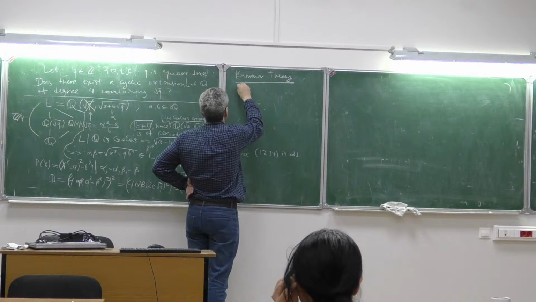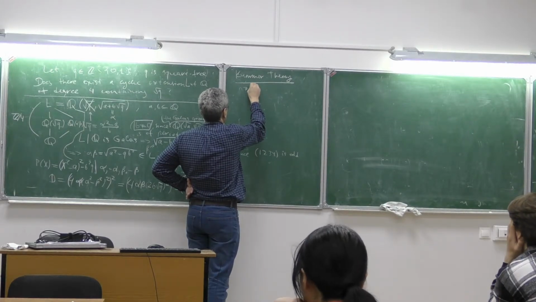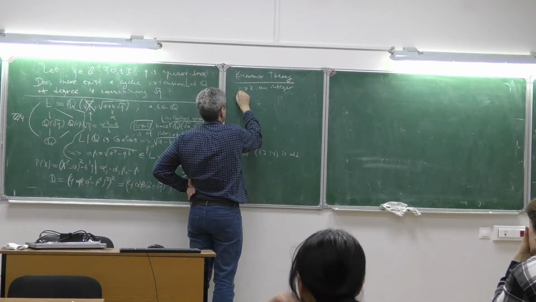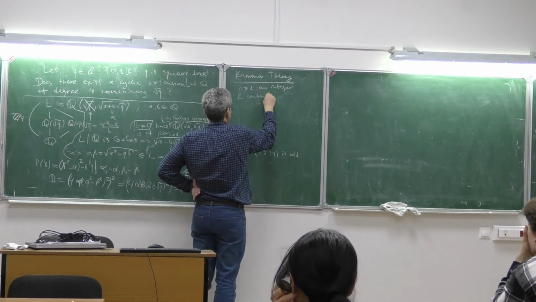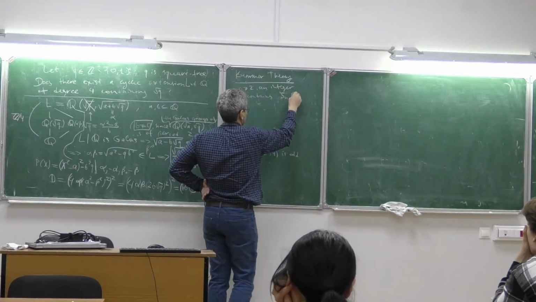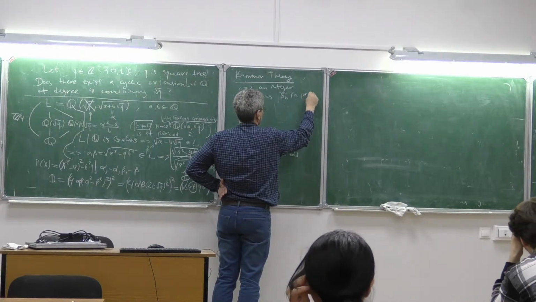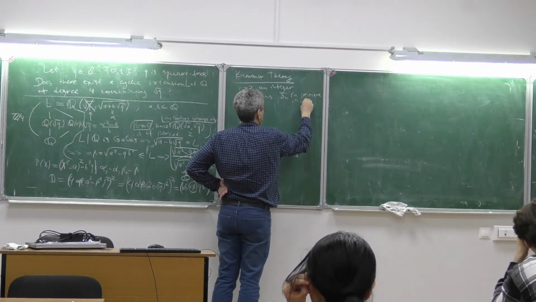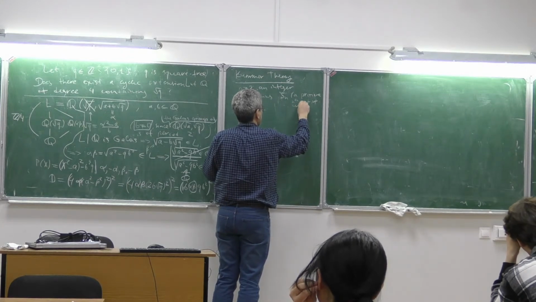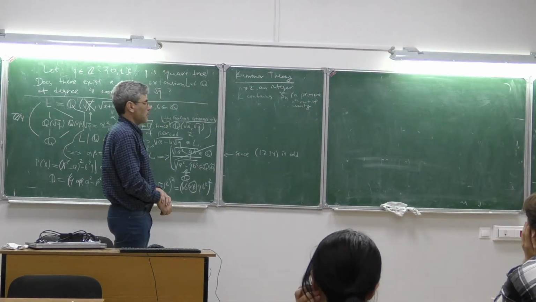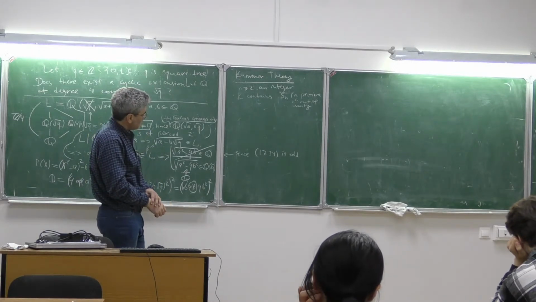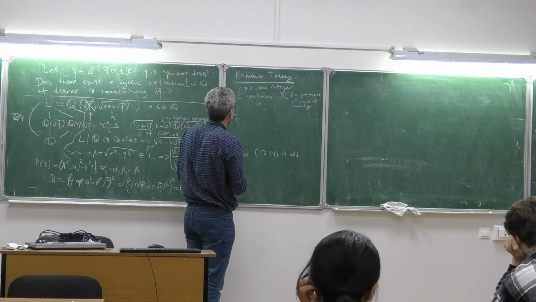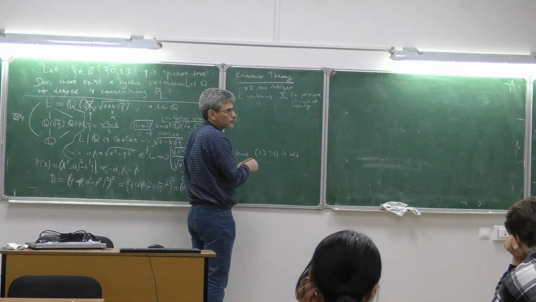We fix some integer n. We assume that k contains some primitive nth root of unity, and then the claim is that there is a bijection between, what?